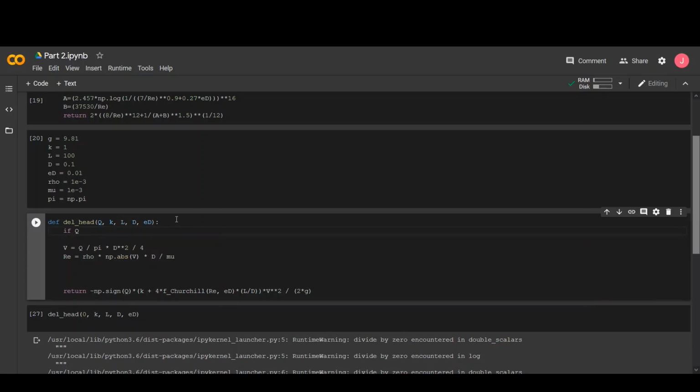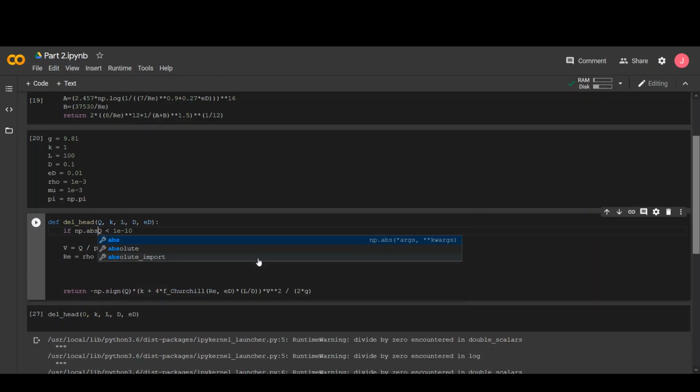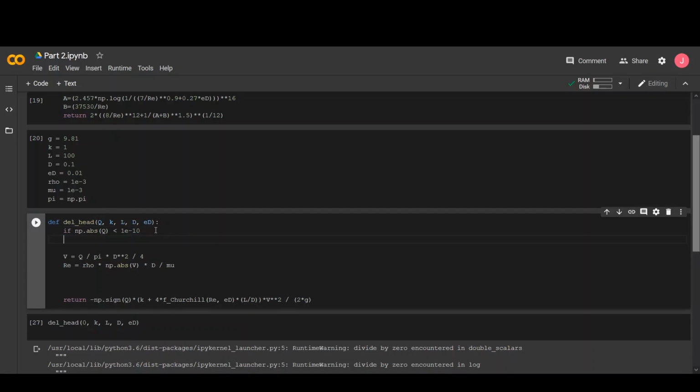If q is less than a really small number, let's just say like 10, I guess. And it has to be the absolute value, right? Because if we give it a negative value, that would be an incorrect conclusion that we don't want, right? So the absolute value has to be that small.